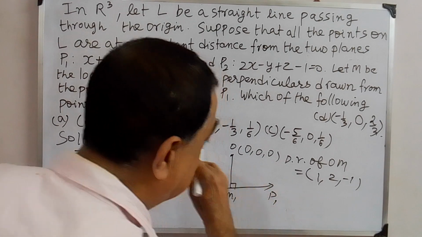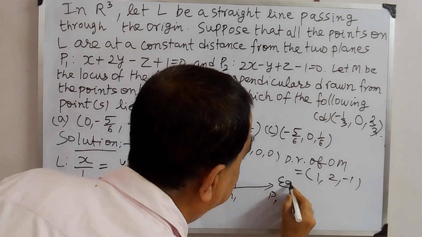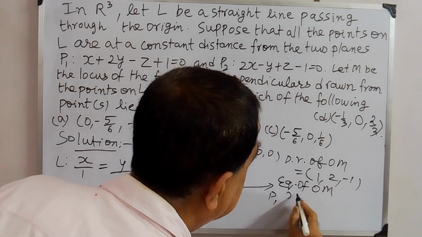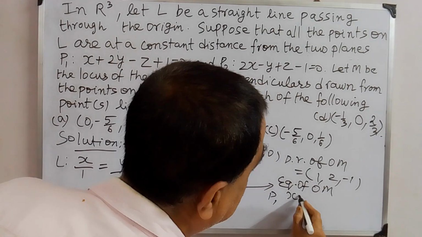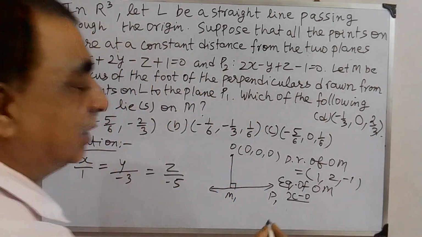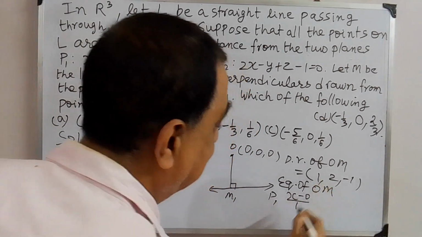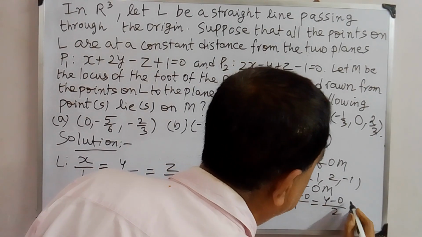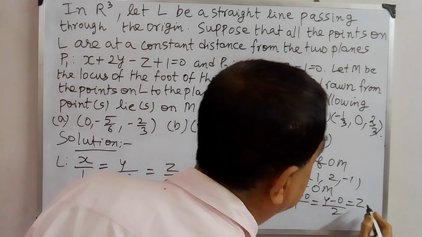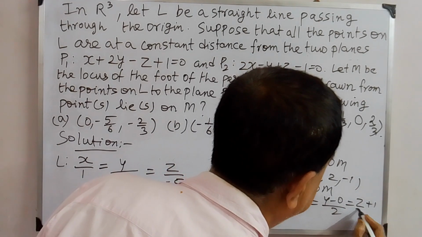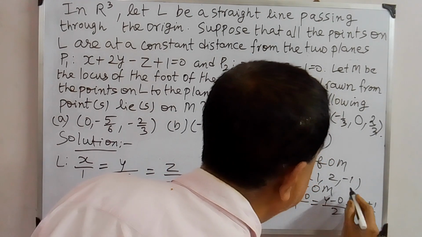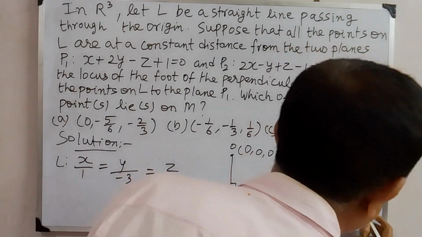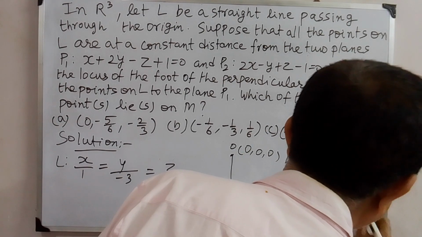So the equation of OM will be x minus 0 by 1 is equal to y minus 0 by 2 is equal to z minus 0 divided by minus 1.